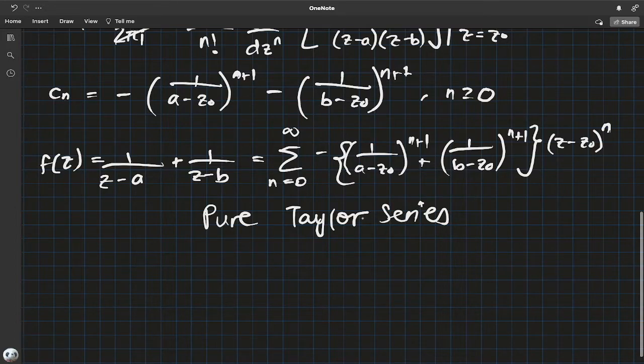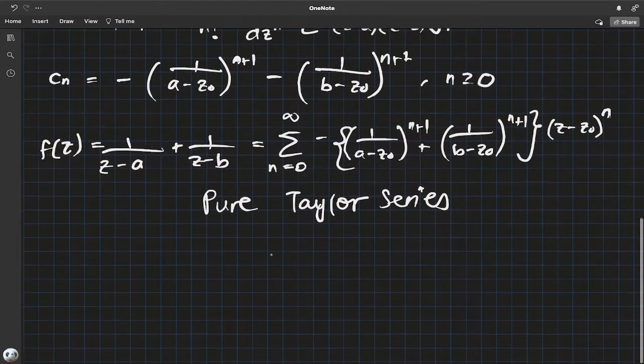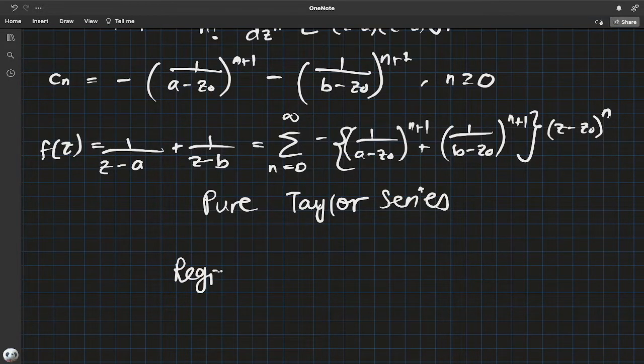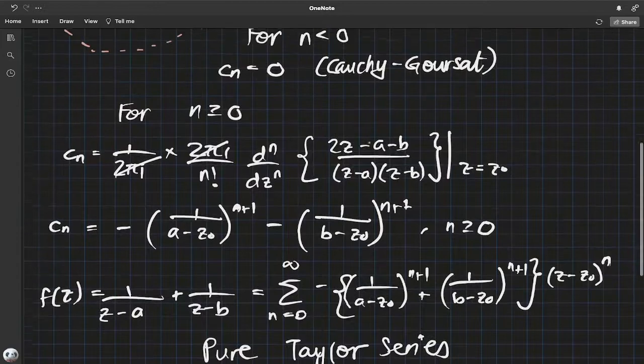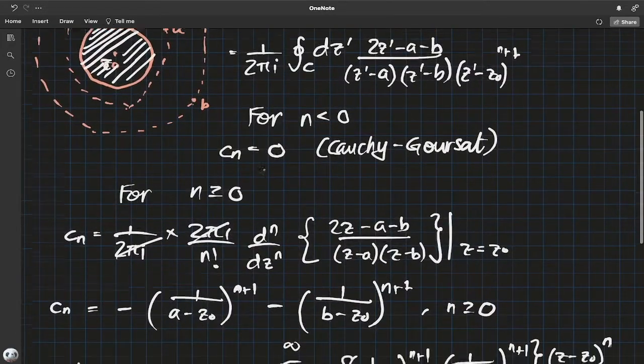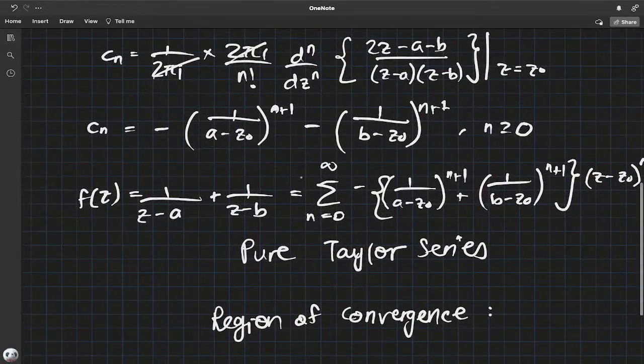Now let's talk a little about the region of convergence quickly. The region of convergence is the region where all the steps we've taken, or the coefficients we've got, hold valid. So Cn for negative n should be 0, and Cn for positive or 0 n should be equal to this guy here. So where is that region?